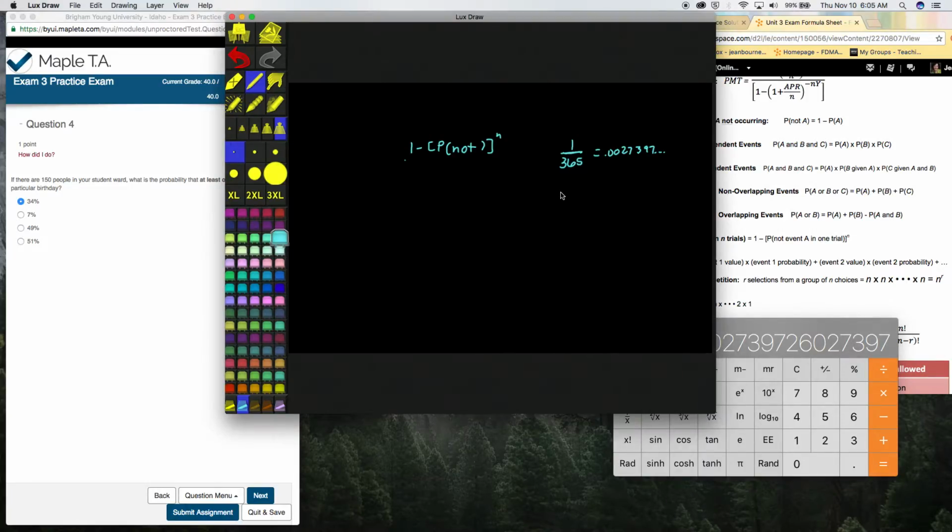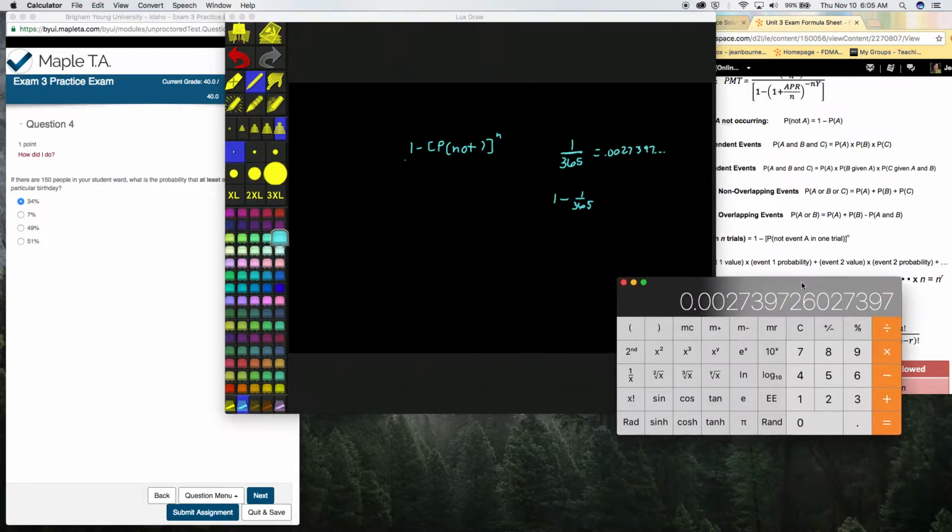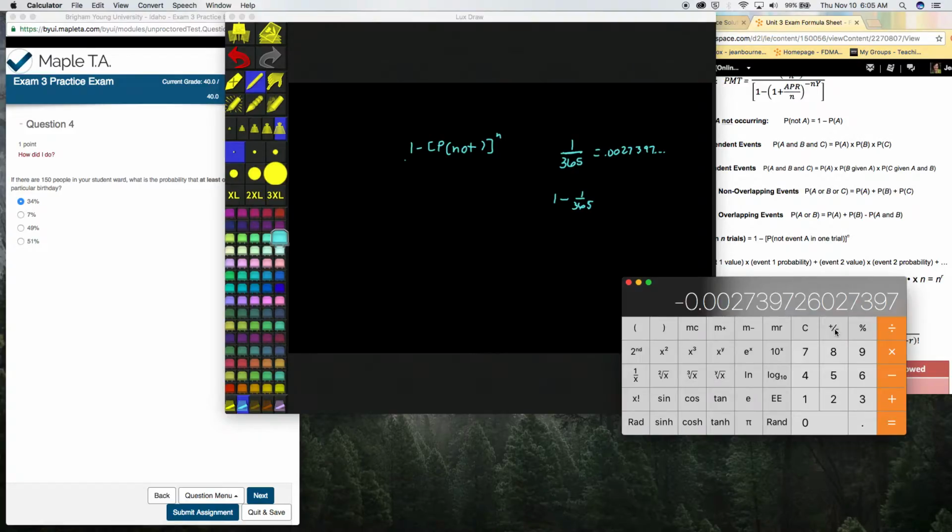The probability that they're not going to have my same birthday is going to be 1 minus that. So I can do this cool thing on my calculator where I do a plus or minus, it changes that to a negative, and then I add 1. So now my probability that they don't have my same birthday is pretty high, right?